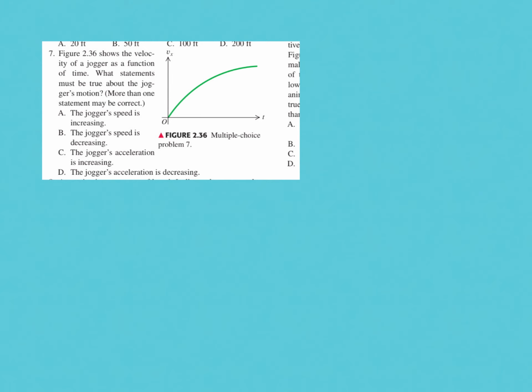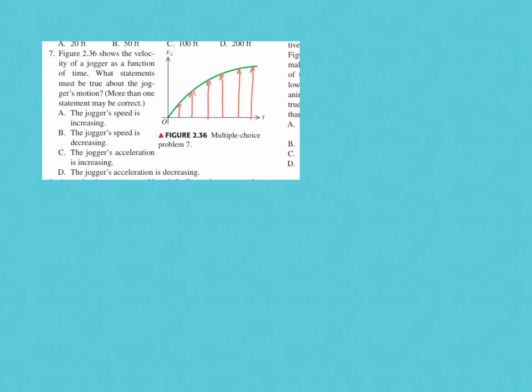Next one, figure, please stop the video and read the problem. So, to answer this question, first of all, pay attention to what graph they are showing you. They are showing you the graph of velocity versus time. So this is the velocity that is increasing all the time.